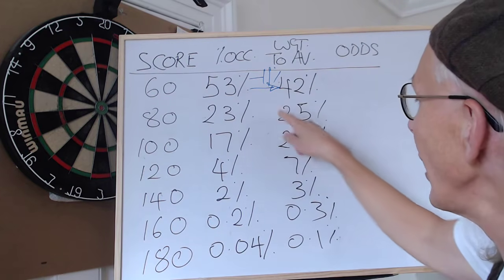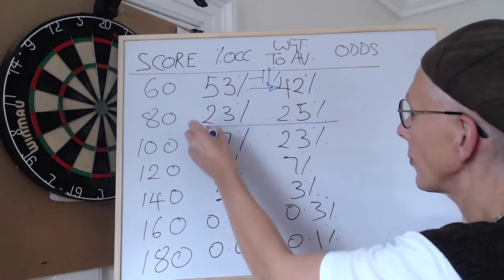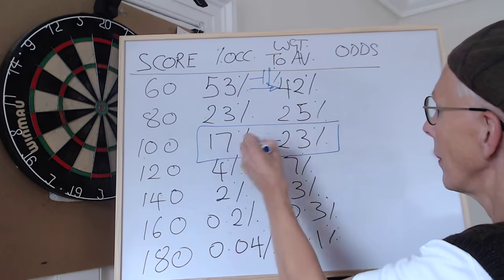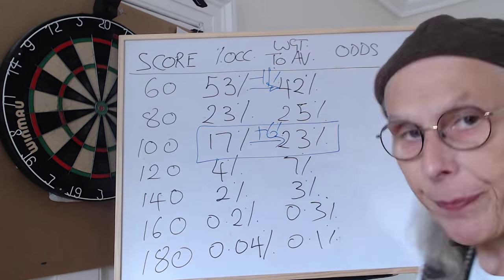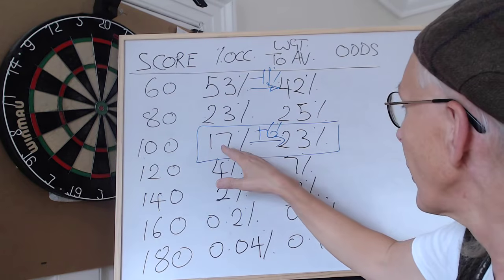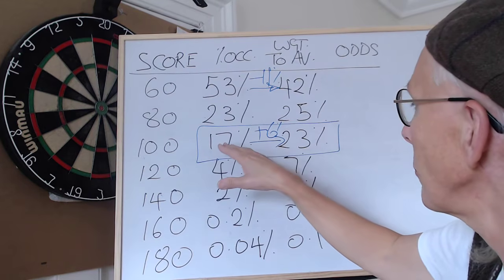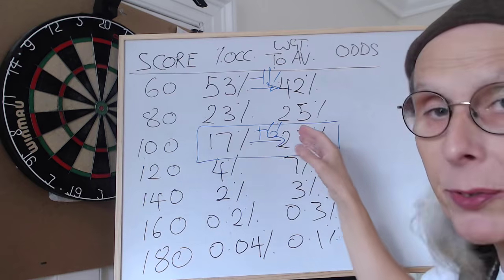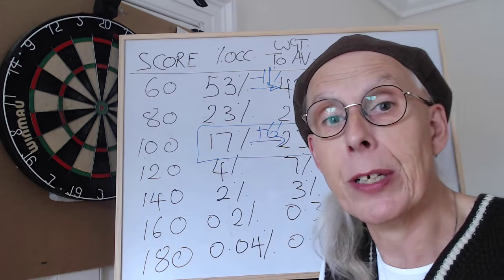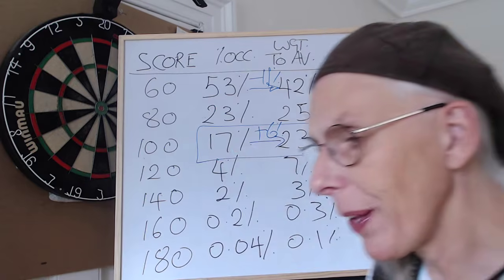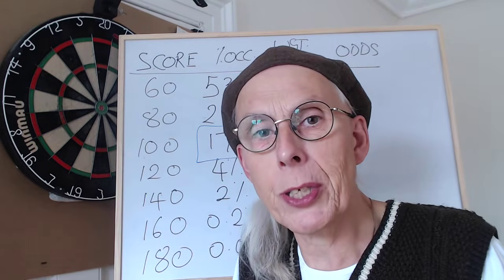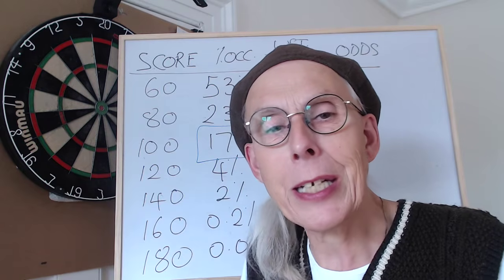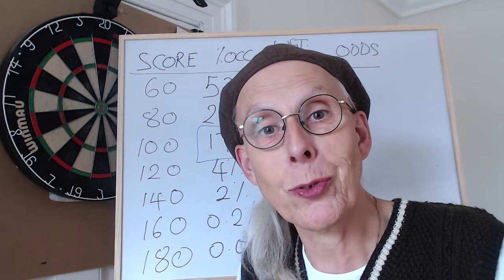This one is roughly the same, but this one is really interesting. The ton is the one that's kind of boosted most in terms of how many percentage points it gives to your average. So I think this, in a way, mirrors dart players' intuition that a ton is a really wholesome, good score to get.